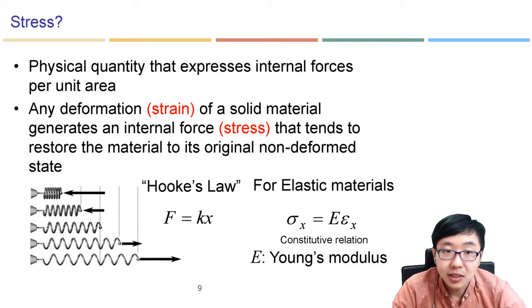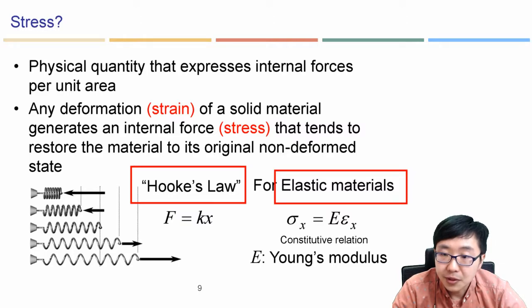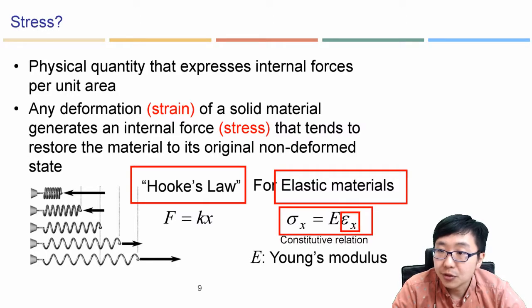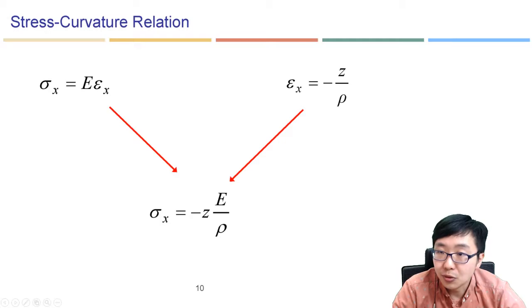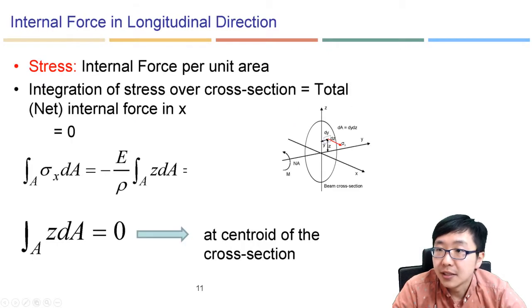We learned about Hooke's law and elastic materials before. So this is Hooke's law, and we will combine it with these strain values so that we can get this relationship. This is the stress-curvature relationship, and the internal force in the longitudinal direction.